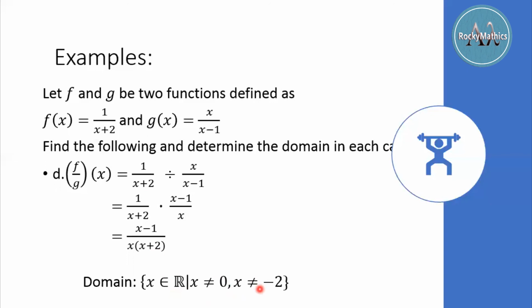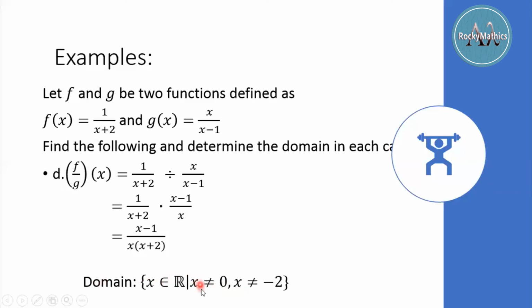Now, we have to take note that the domain of the quotient must be in the set of the intersection of the two domains. Now, again, if x is not equal to 0, it is still in the set of the intersection of the two domains. So therefore, this is the domain of the quotient of two functions.